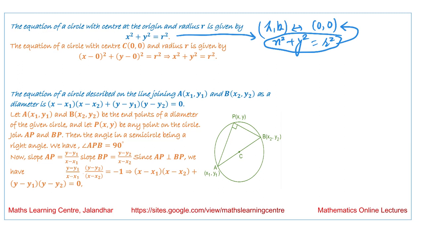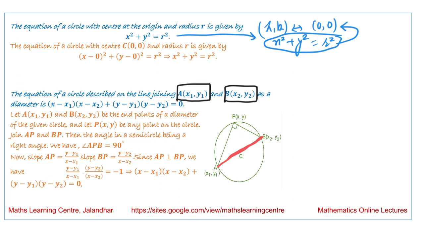The next form of the equation is when we have 2 points. One point A is (x1, y1) and another point B is (x2, y2), and we are talking about a circle. We have joined these 2 points A and B, and we are talking about a circle which has AB as the diameter.